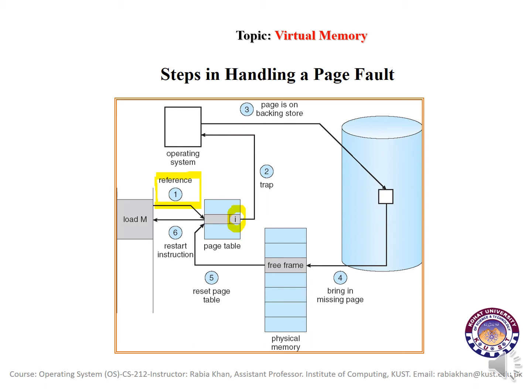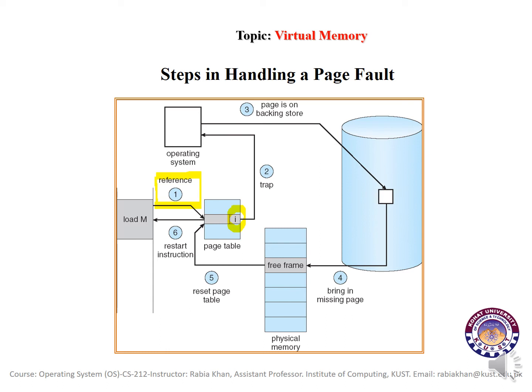If this protection bit is set to 0 or I, that shows that the specific page is not yet loaded in RAM. And if this protection bit is V, that means valid, or 1, generally represented as 0 or 1. So if it is 1, the specific page is already present in RAM.